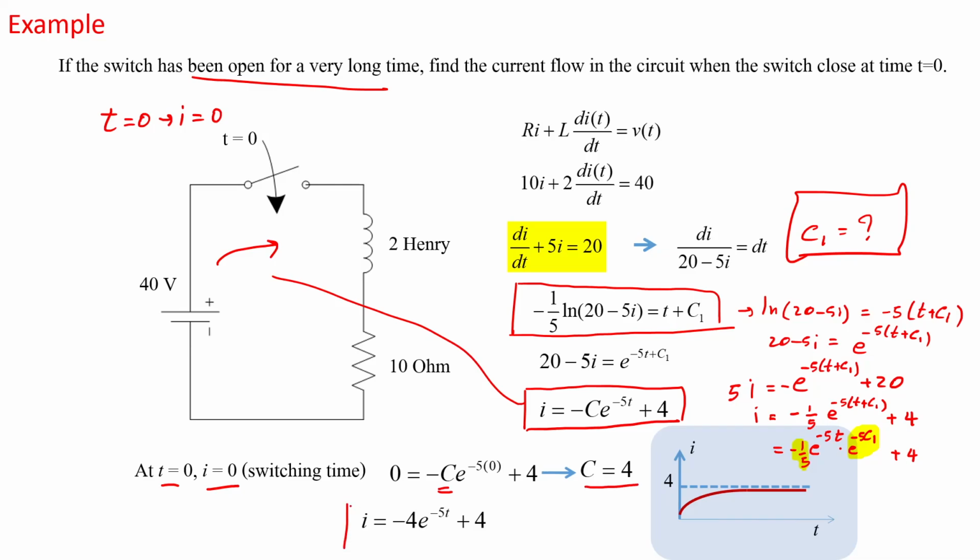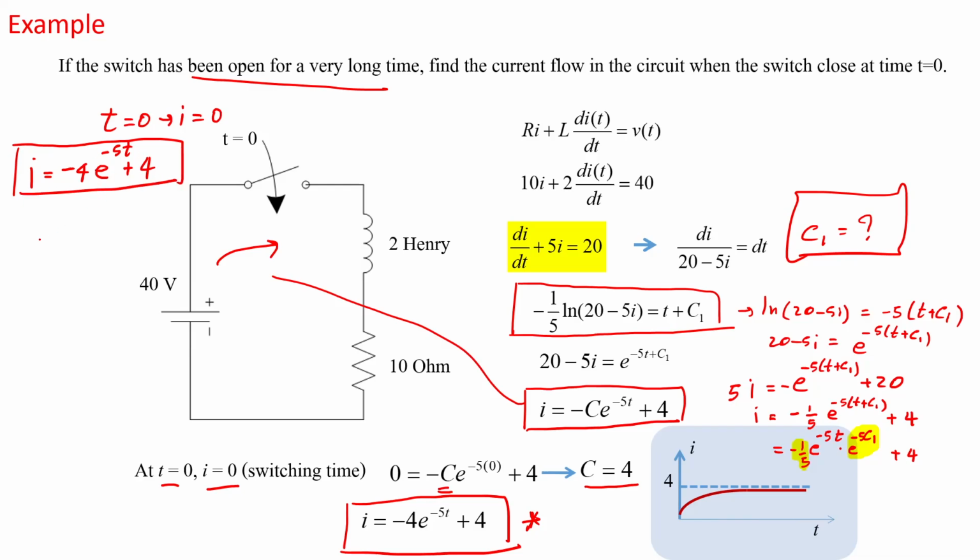So finally, the current will flow in this form when we close the switch. So I equal to minus 4e power minus 5t plus 4. When t is 0, current is 0, right? Here.